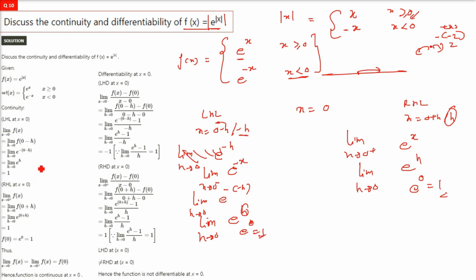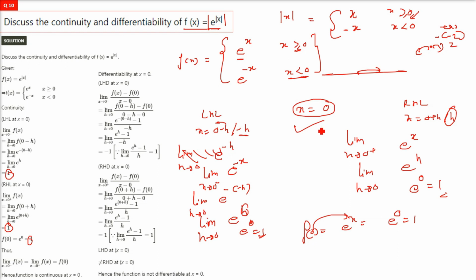So left hand limit and right hand limit both are equal to 1. You can easily say the function is continuous at x equals to 0. Along with this, you have to check one more thing, which is what is the value of the function at this point 0. f(0) is what? e to the power 0, which is going to be 1 again. So at x equals 0, continuity is established.